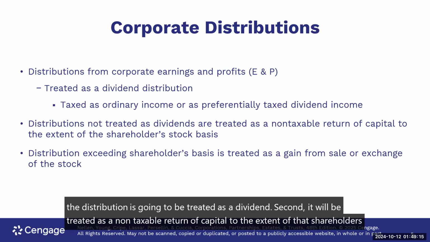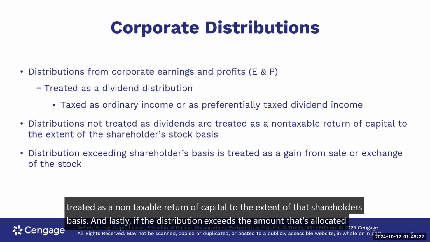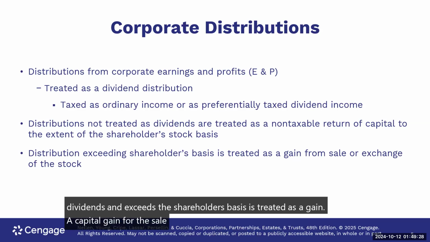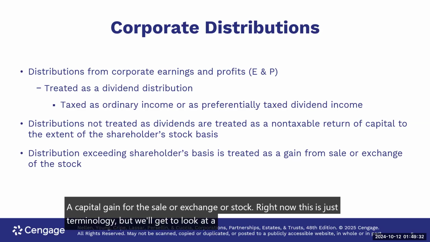And lastly, if the distribution exceeds the amount allocated as dividends and exceeds the shareholder's basis, it's treated as a capital gain from the sale or exchange of stock. Right now, this is just terminology, but we'll get to look at a practical example of how this would be applied.